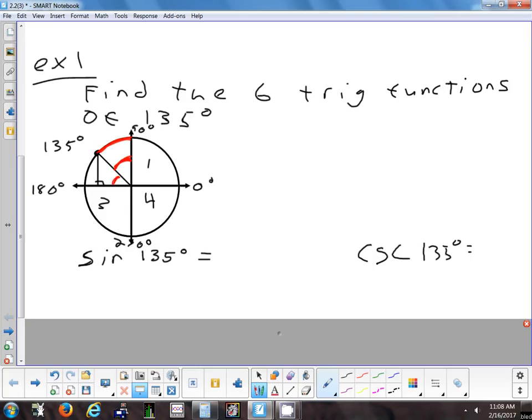It's also 45 because the quadrant right here makes a 90. So this angle at the bottom is 45, which means the angle at the top is also 45. So when we work with 135, we're using a 45, 45, 90 triangle.